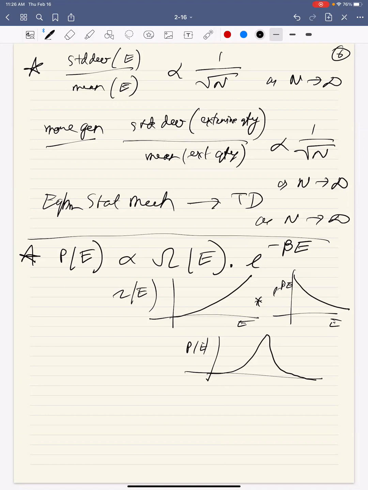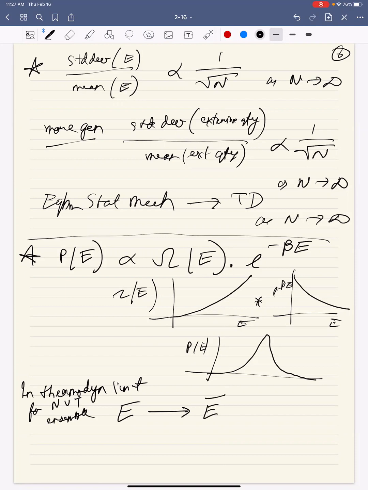So what does this mean? This means that in the thermodynamic limit for an NVT ensemble, E approaches E bar.